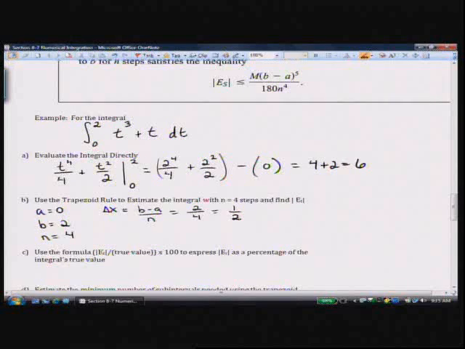Okay. All right, and so what we're going to have to do is split up our interval. Since our interval goes from 0 to 2 and we're counting by halves, you're going to want to do 1/2, 1, 3/2, and 2, right?